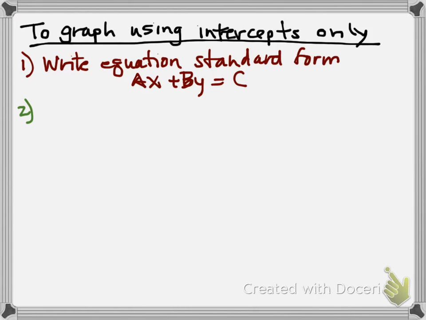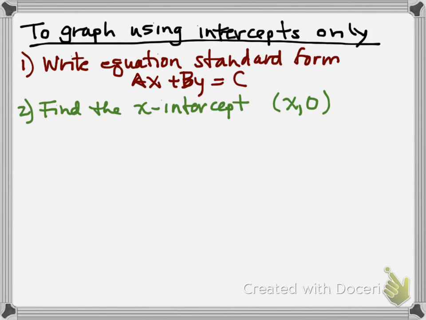Let's find the x-intercept. Remind me again, what does the ordered pair for the x-intercept look like? X comma 0. Okay, that's crucial to what we're going to do.